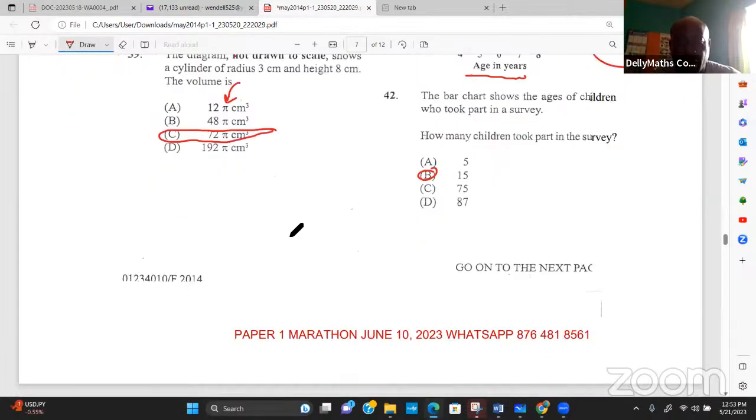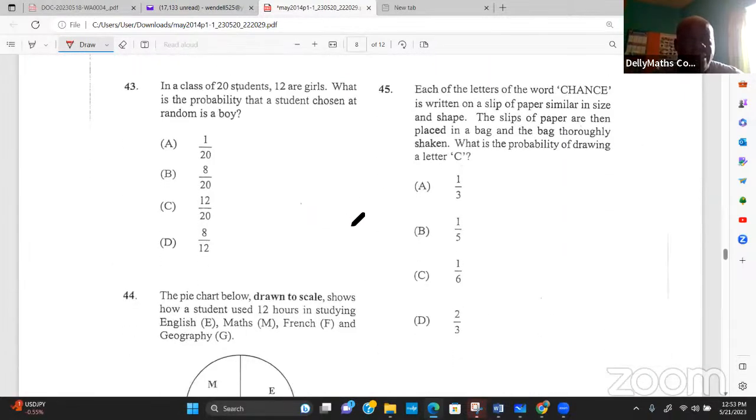All right, continue working. It says, in a class of 20 students, 12 are girls. What is the probability that a student chosen at random is a boy, right? Now, if we are talking about 20 and 12 are girls, I need to know how many boys there are. So I'll take the girls from the total, I'll get 8.